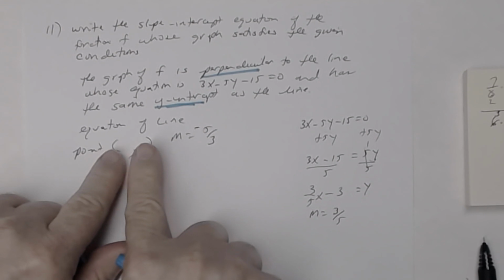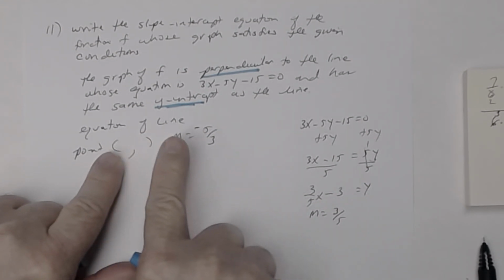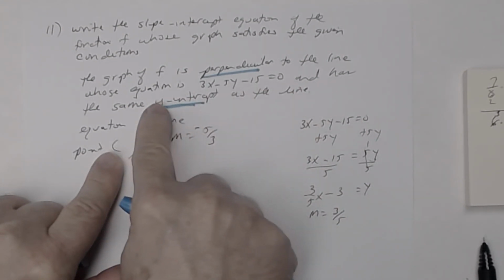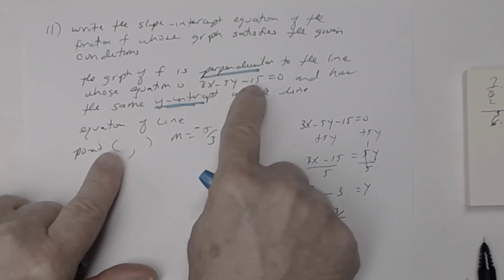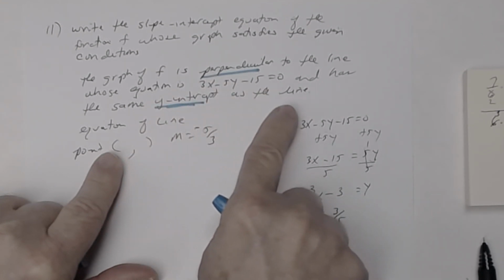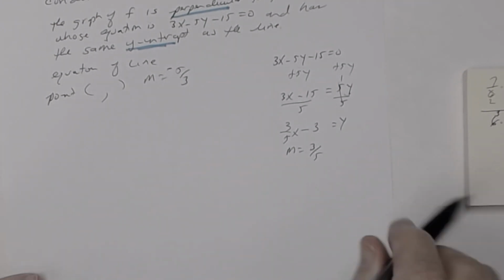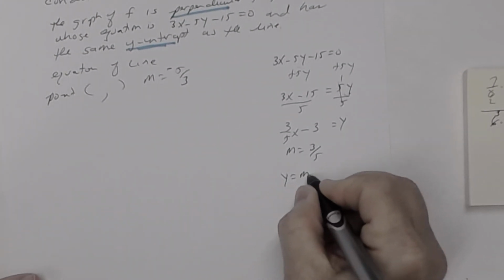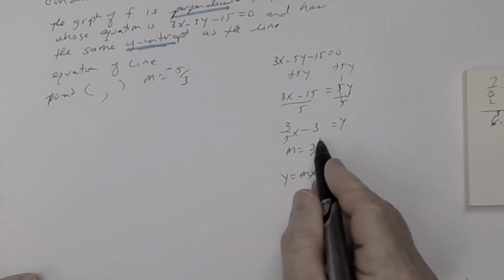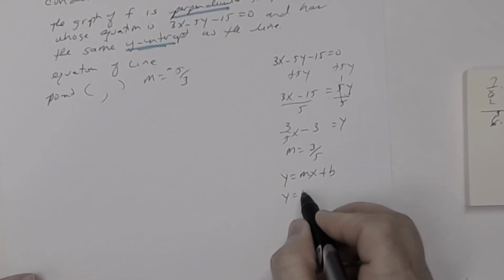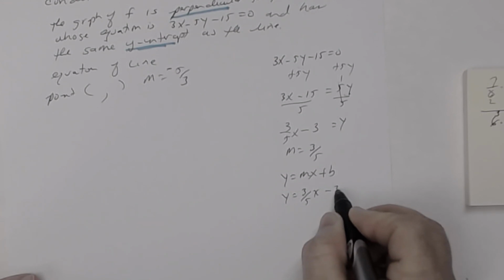You're told that this line has the same y-intercept as this line. Well, when you get y by itself, isn't that the slope-intercept form? Slope-intercept form is y equals mx plus b. If I write this in that form, I get y equals 3/5 x minus 3.